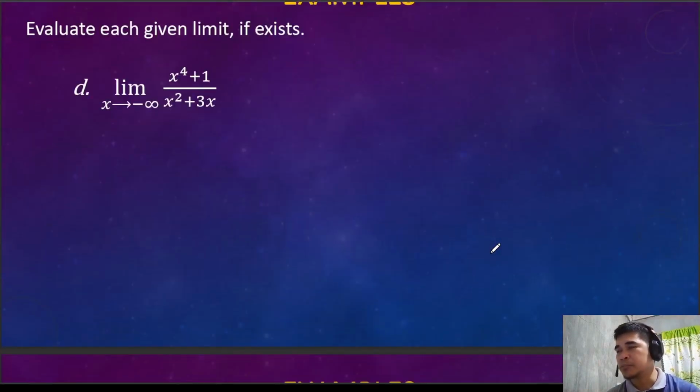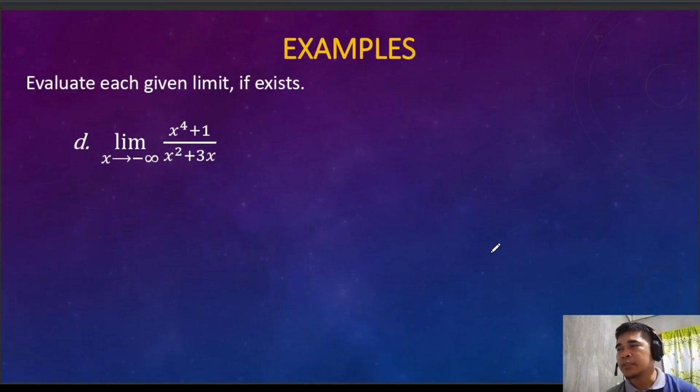Next example, letter D. Limit of x to the fourth power plus 1 over x squared plus 3x as x approaches negative infinity equals. So it's the same, we divide the numerator and denominator by x, and the exponent of x depends on the degree of the polynomial in the denominator.